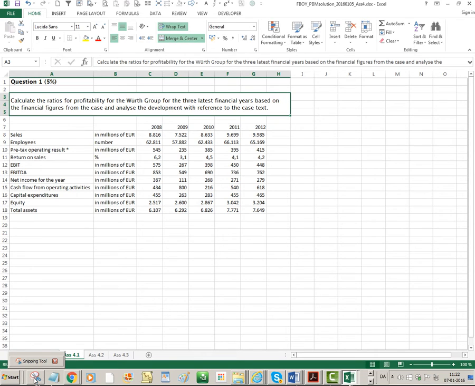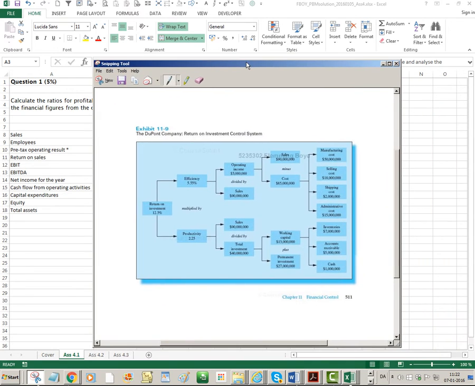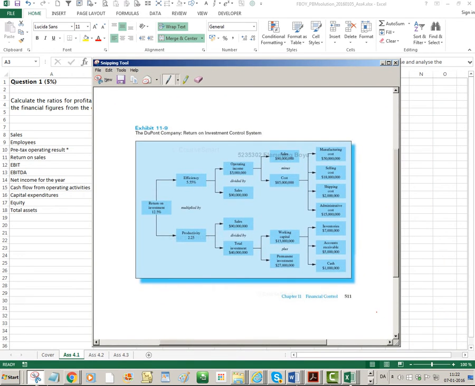Let me just go back here. There's a little extract from your book, page 511. We have return on investment as one of them, and the word efficiency is used here. Actually, the more common word in English would be return on sales, which we have also used in some exercises. And they say productivity.